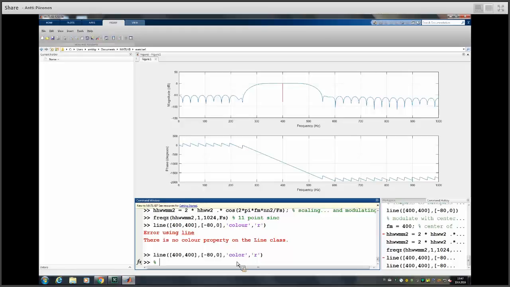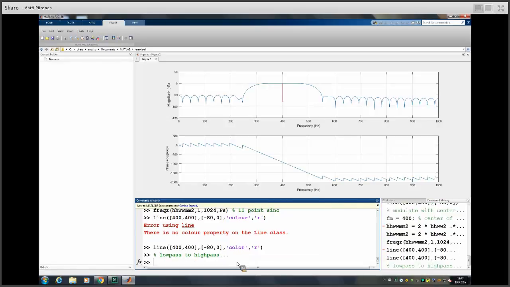Same thing, but we modulated with cosine of N pi, which is actually the same as -1 to the power of N. So HHWW high pass 2 would be just HHWW2 dot times -1 to the power of NN2.